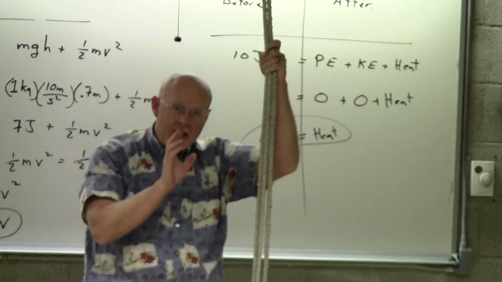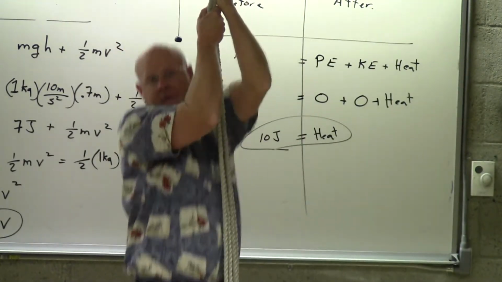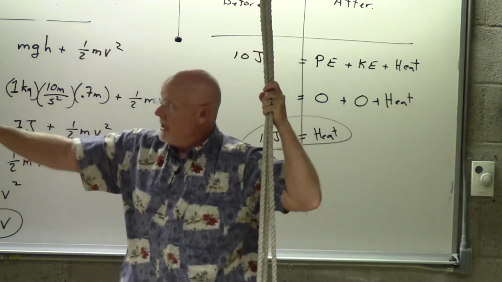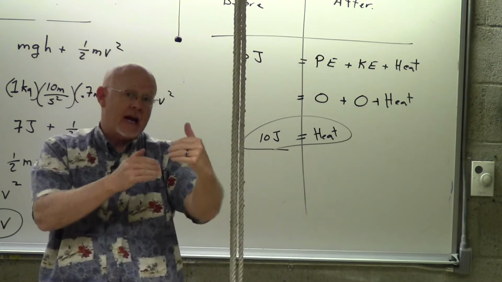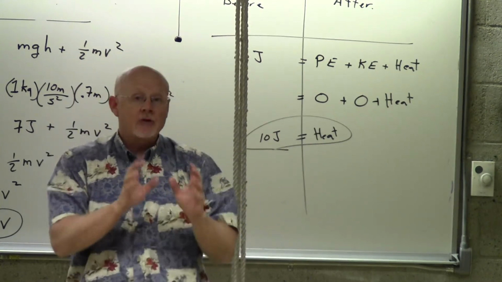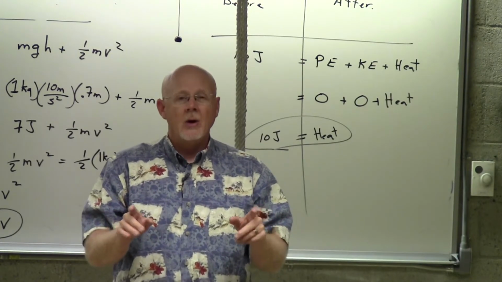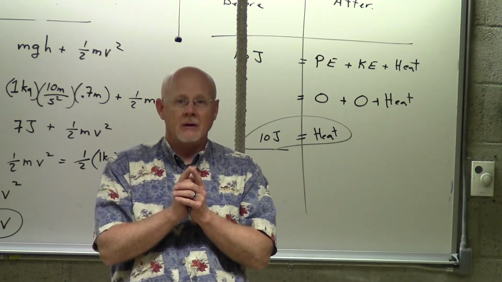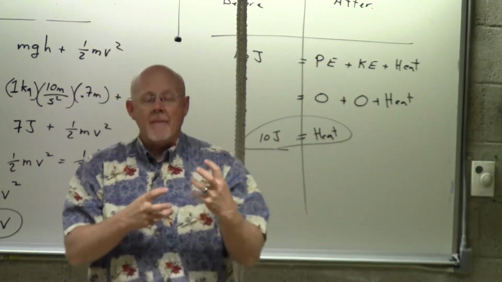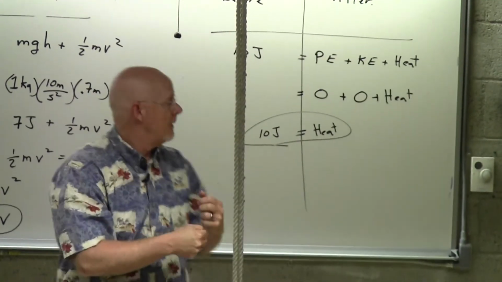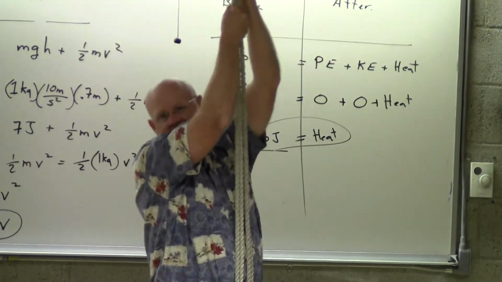You see, for me to lift myself up 2 meters, it's true that I would have to burn 1,500 calories to do that. And I'm trying to emphasize, I've got plenty of energy. What I'm lacking here is enough force. My arms aren't strong enough to lift me up. I can barely get off the ground.